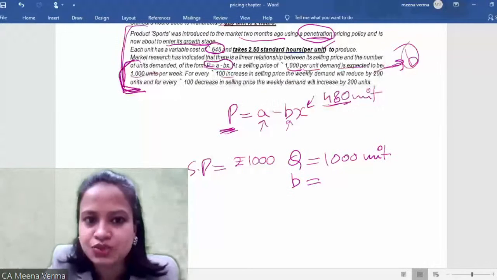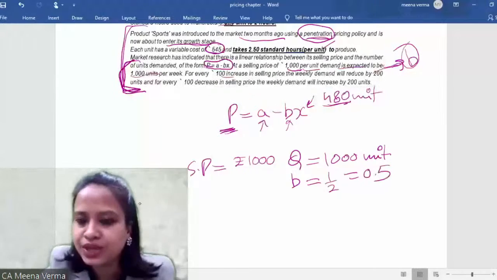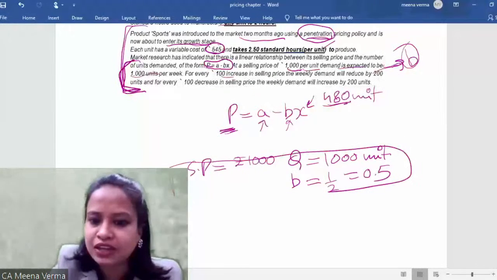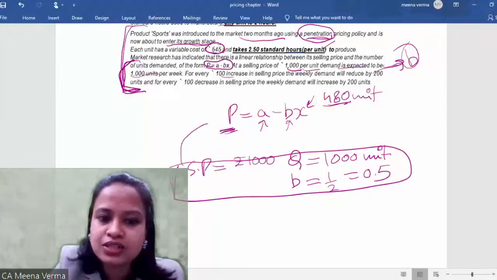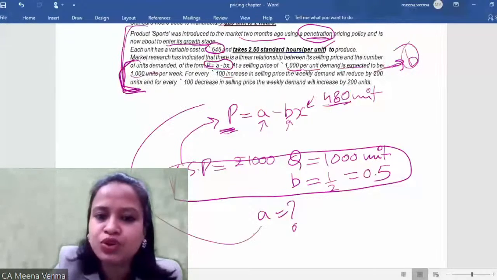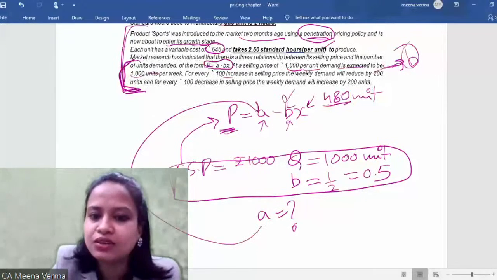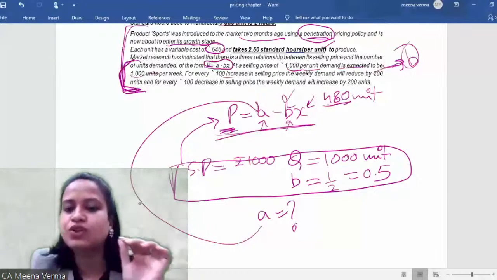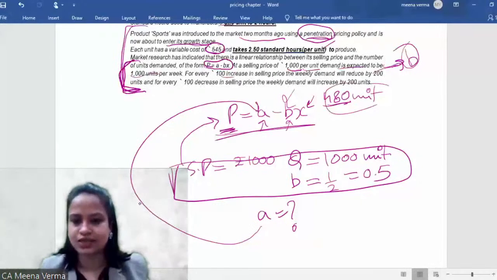Change in price to change in quantity. That is 1/2, I think. It is 0.5. B is given. You can use this value in this formula, and after that you can get the value of A. Then after finding the value of A, put the values of A, B and X here, and then find the selling price when you are selling 480 units.